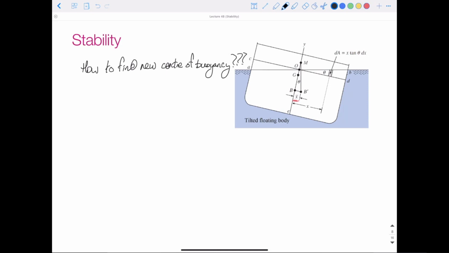So let's just write some equations and then we can discuss what they mean.